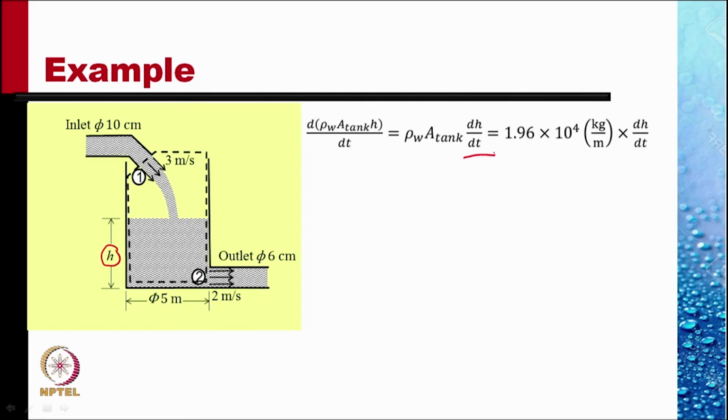So the net efflux is the water crossing the surface at 1 minus the water crossing the surface at 2.